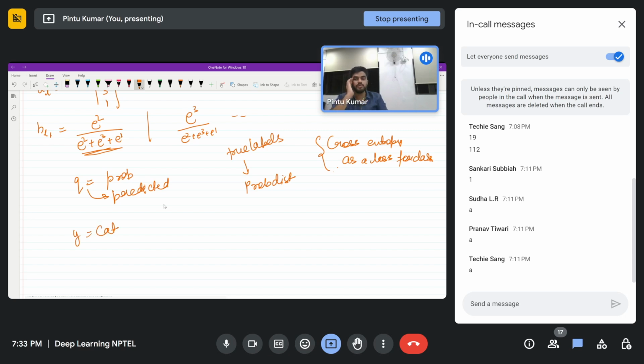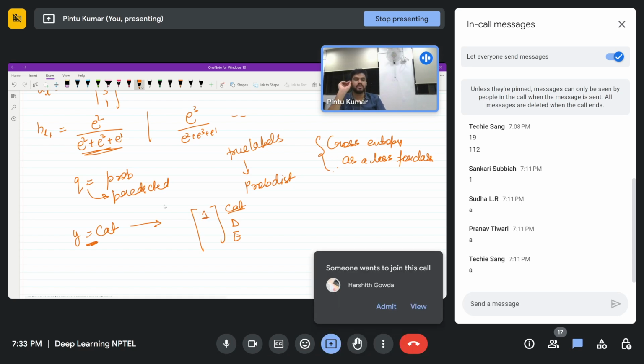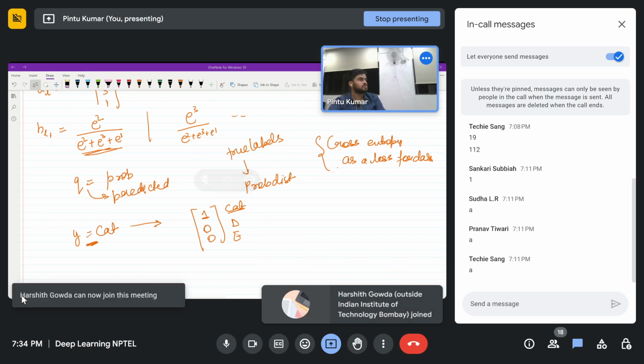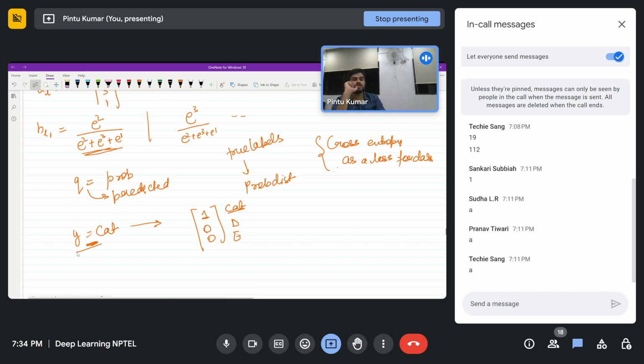We can construct a vector where the first position corresponds to cat, the second position corresponds to dog, the third position corresponds to elephant. Whatever is the output, we can place a 1 there and 0 otherwise. If your existing data has only one label given to it, you can convert it into a vector, and this vector is called one hot encoding.